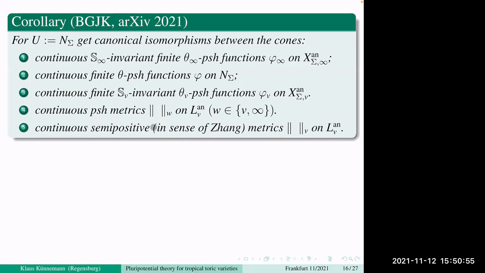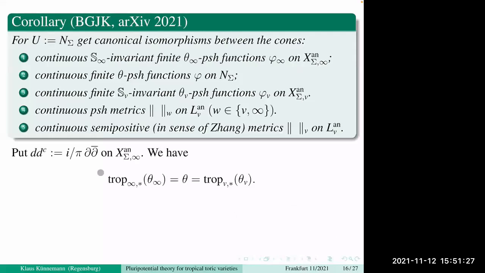Here you say something is semi-positive if it can be approximated by semi-positive model metrics, and a model metric, induced by a line bundle on a model, is semi-positive if the restriction of the line bundle to the special fiber is nef.